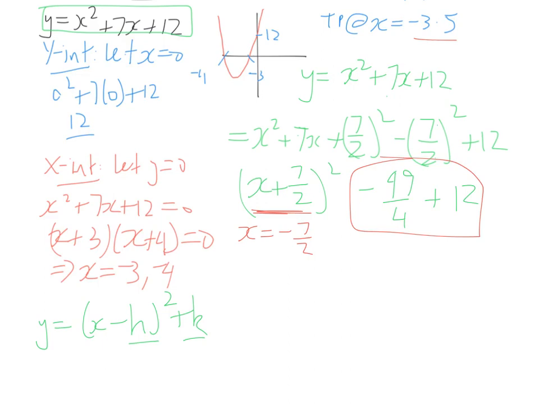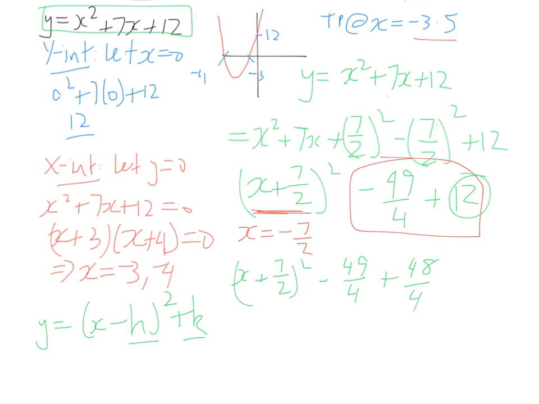So I'm going to say we still got x plus 7 over 2 all squared, minus 49 over 4 plus, and I'm going to write this 12 as a fraction over 4, which is 48 over 4.